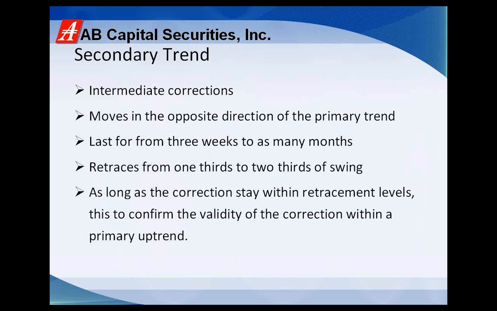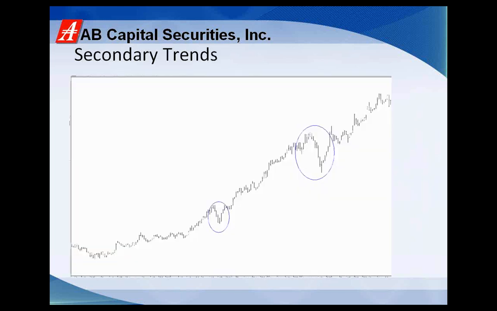This is a point wherein the market is going the reverse way from the primary trend, and it's usually very short. It could be as short as three weeks to two months. But normally it's just a retracement of the primary trend. And this is an example of some minor corrections or trends within the primary trend.